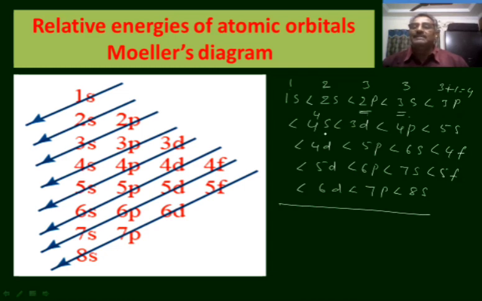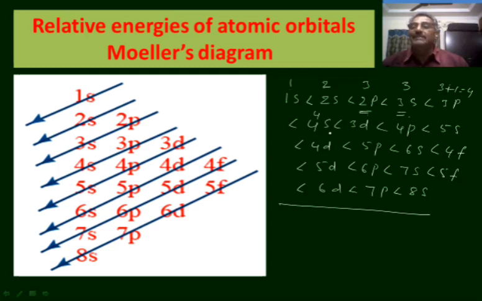Don't confuse that the n plus l value gives the energy. The n plus l value doesn't give the energy directly. The n plus l value decides the order of energy. If we calculate the n plus l values of two different orbitals, the orbital with lower n plus l value has lower energy than the orbital with higher n plus l value.